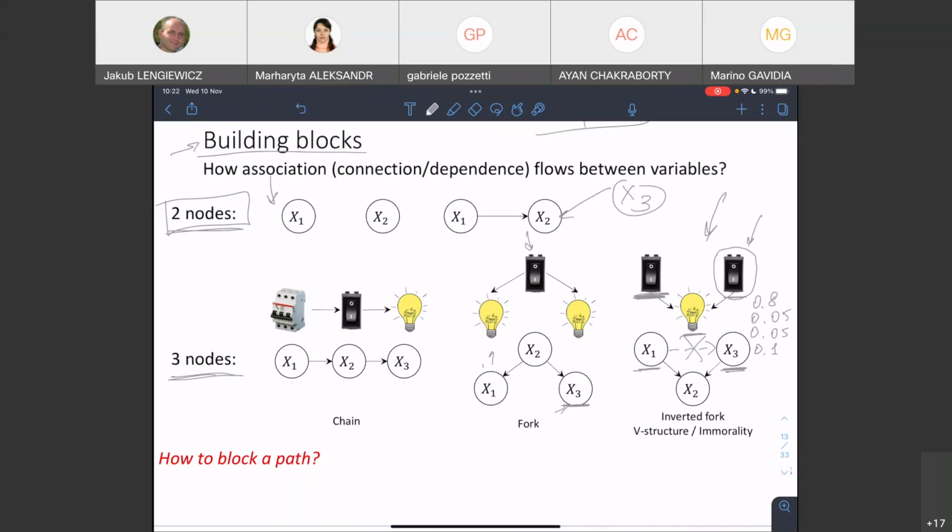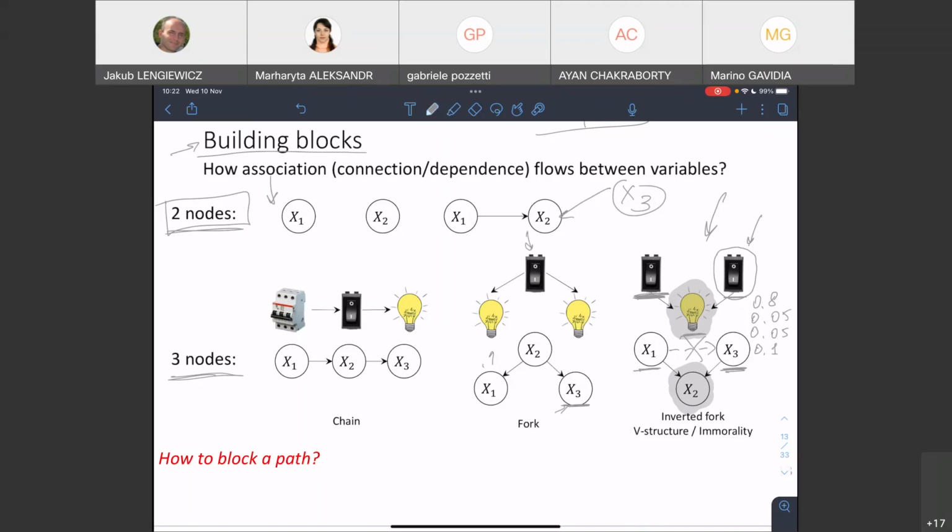Again, now if we sample the data set and we check the statistical dependence between these two variables, we'll observe that they are independent. What will happen now if we fix the particular value of the middle node? That is, we perform the operation of conditioning. Now let us assume that we observe the middle node, that is, we observe there is light in the room.